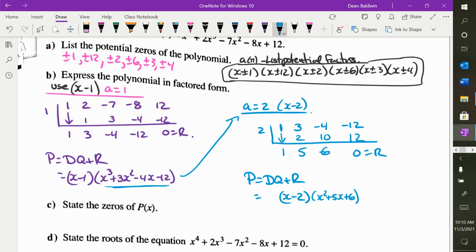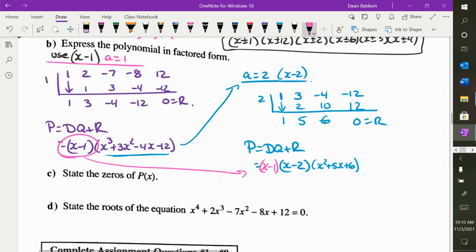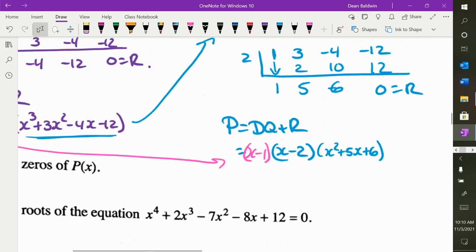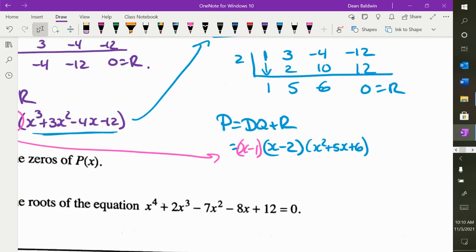Why did I leave room there? Yes, don't forget about the x minus 1. And the remainder is 0, so don't write anything. Are we done? There's still more, because you can factor it again.